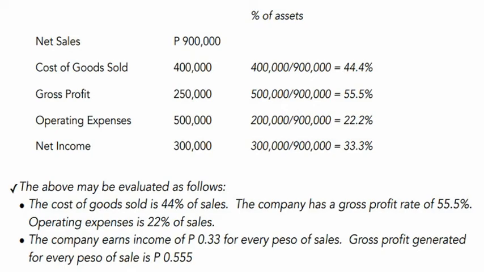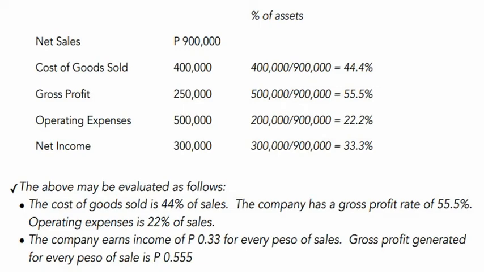So, i-divide lang din natin siya sa 400,000 divided by 900, 500,000 divided by 900, operating expense na 200 divided by 900,000, and net income na 300 divided by 900,000. But, this part, hindi siya mag-equal ng 100%.